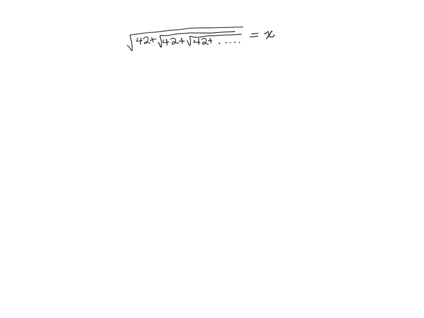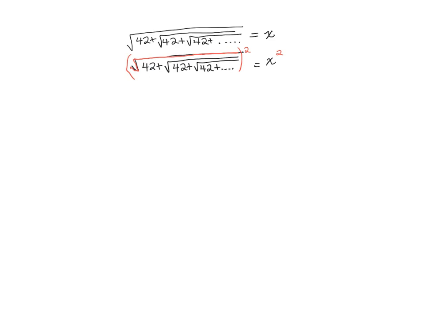Okay, so to solve this equation, we set it equal to x. Let x equal the number. Now, to undo a radical sign, what we'll do is we'll square each side. So I will rewrite this. And we'll square this side and this side. Okay, now when we do that, this top radical symbol will disappear.